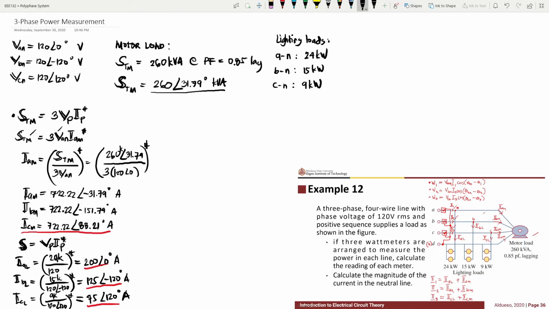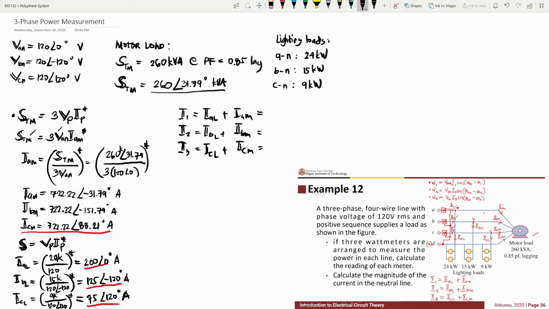Next, we can now get the values of I1, I2, and I3. So I1 is just IAL plus IAM, I2 is IBL plus IBM, and I3 is just ICL plus ICM.